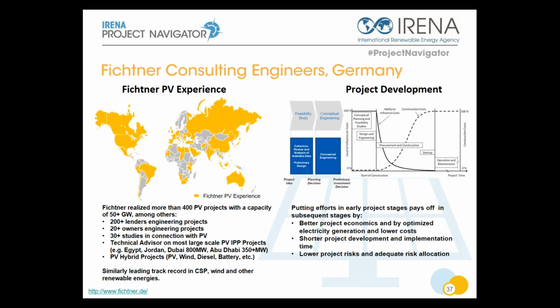In this regard we often face limited understanding and a certain reluctance of grid operators to integrate fluctuating renewable energy such as PV, and often the grid codes are not really appropriate for such new energy sources.